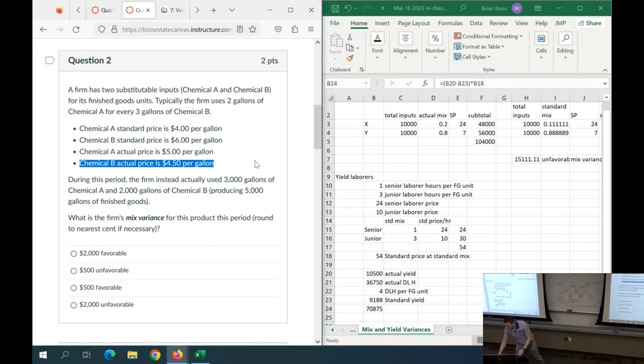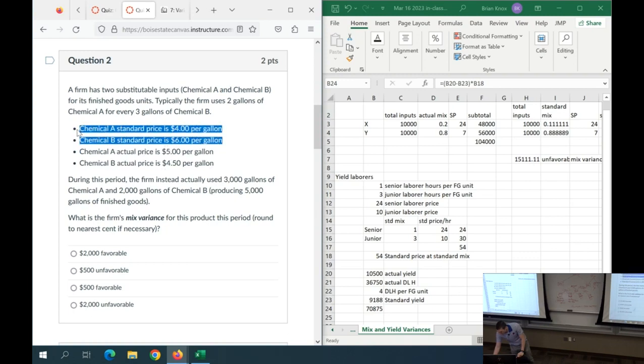All right, so we can ignore these bottom two bullet points. We don't care what the actual price was. We just know that given the standard, chemical B is the expensive one, and chemical A is the cheap one. Oh, this is an interesting one. We have 2 gallons of the cheap stuff and 3 gallons of the expensive stuff.